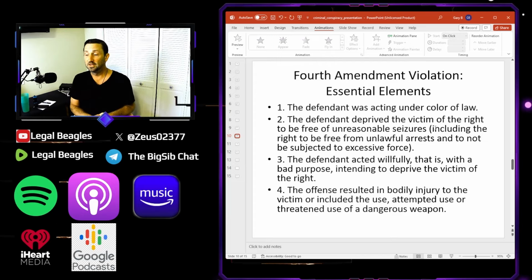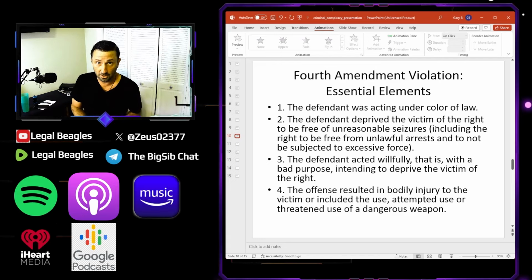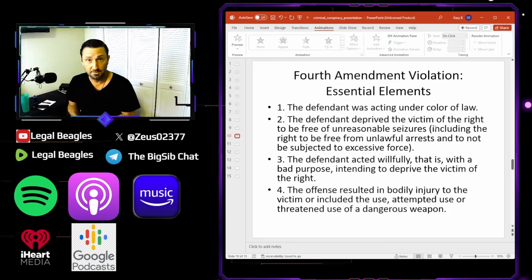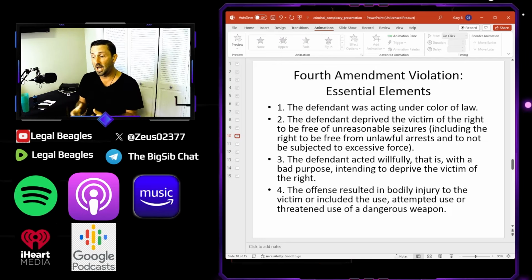And so this is talking about when the officer doesn't follow due process and he just arrests your liberty without an articulable suspicion of a crime, or without witnessing the crime, or without a signed document or complaint from a citizen under penalty of perjury, saying, yeah, this person committed a crime and he needs to be arrested. So this would be stepping outside the scope of office, under the color of law, to deprive the victim of the right to be free from unreasonable seizure.